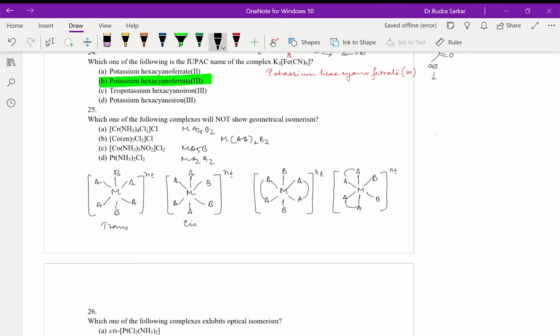It is important to mention here that the trans form of this complex never shows optical isomerism, but the cis form can. So expect questions of that type also in the near future.